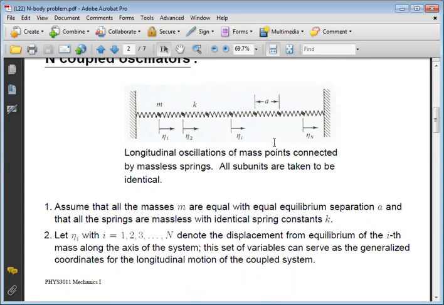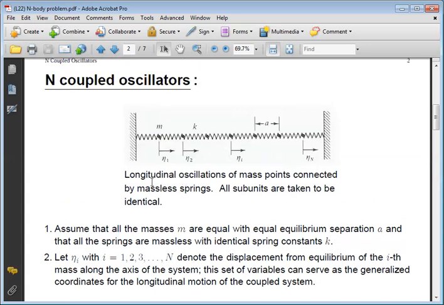In fact, we can express the n by n determinant in closed form in such a way that all the eigenmode frequencies can be obtained in closed form. Okay, so that's all I want to tell you about the n coupled oscillators, a very special case.